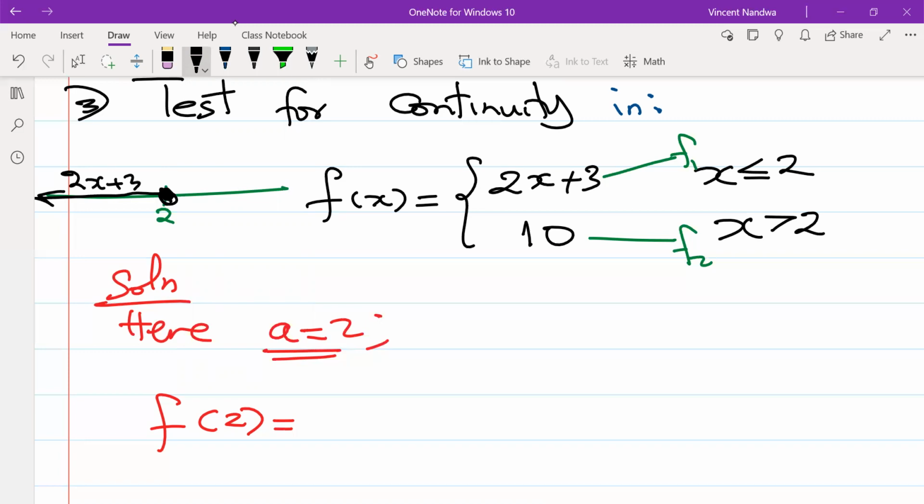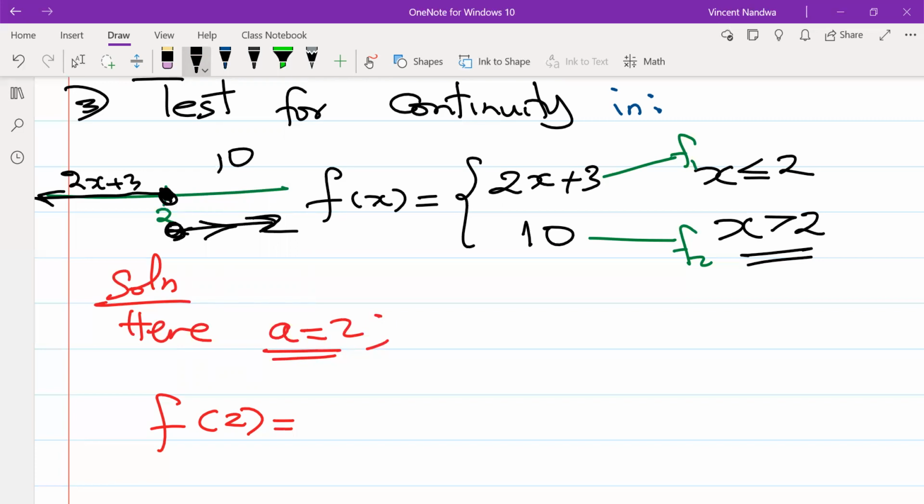Okay? The other formula tells us that I will always get 10 whenever x is greater than 2. So when I'm moving from 2 going to the right-hand side, the value of the function will be 10.